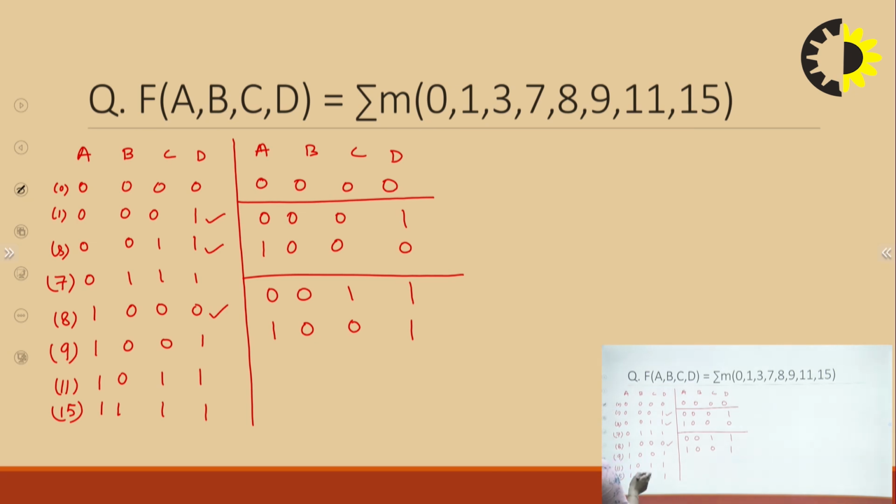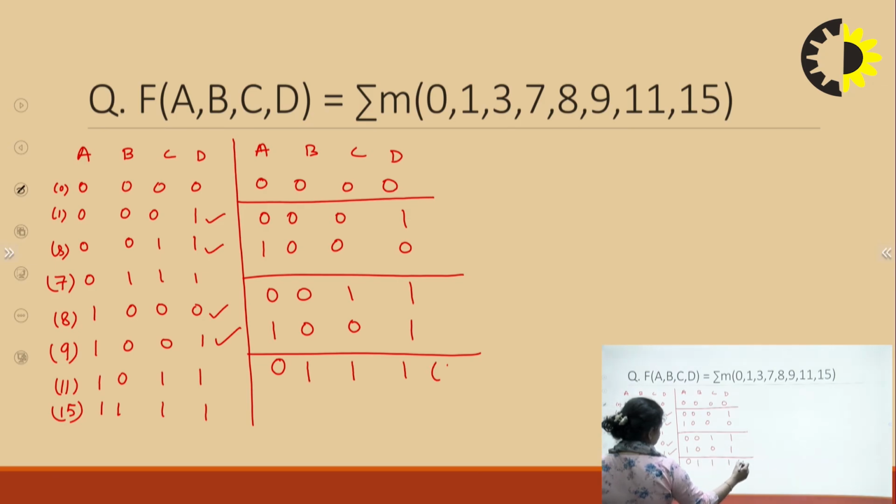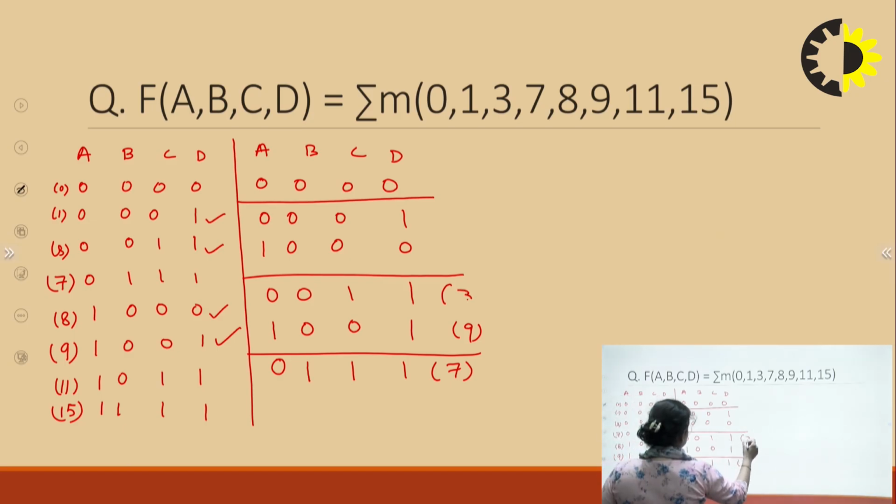Then the numbers with 3 ones. So you write 7, 0, 1, 1, 1. So this is for 7, right? This I have written for 9. This I have written for 3.